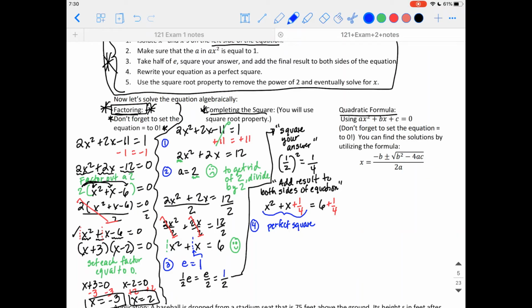Technically, it's going to be rewritten as a parenthesis with a squared, and you're going to put an x here, and in this spot right here you're going to put the half of e. So the half of e was this right here, and I'm going to put it here, and since it's positive I'm going to write plus 1/2, and then it's going to be equal to, now 6 1/4.